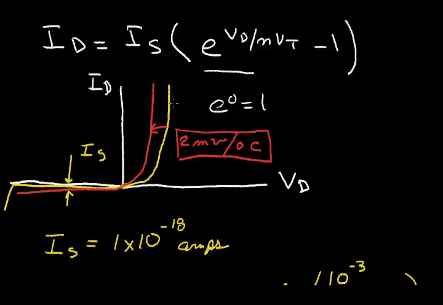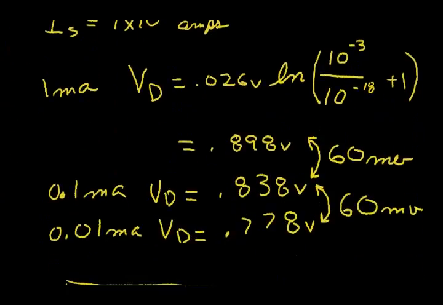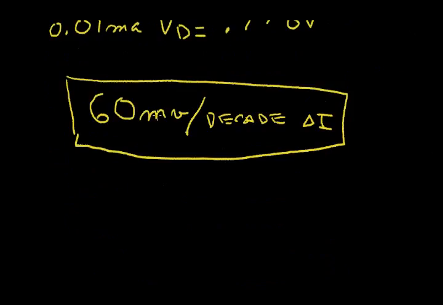So as our temperature increases, the drop across the diode decreases. So this is cold, and this is hot over here. One thing I should point out, the 60 millivolts per decade is the change in drop across the diode.